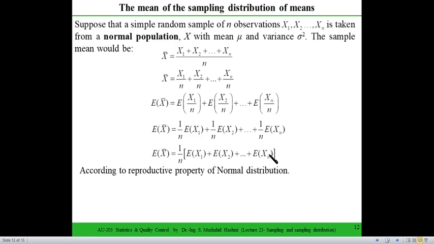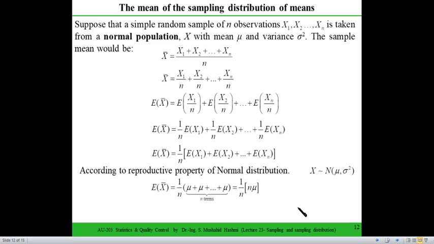Once X1, X2 are normally distributed, then their sample mean would also be normally distributed. This is what we learned as the reproductive property of the normal distribution. So when X is your random variable and its population is normally distributed with mean mu and variance sigma square, then take the population.